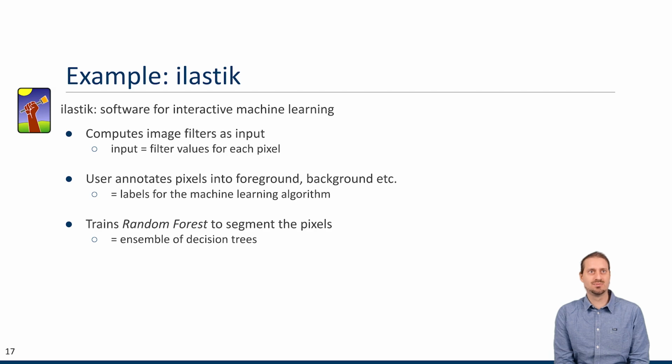So let's make this more concrete and give the example of a software that can do this for us, which is Elastic, a software tool for interactive machine learning, and in particular also for these segmentation tasks. The way this is done is that Elastic, in the first step, computes these image filters that we use as input for the machine learning algorithms. It then uses user annotations for the pixels as training data, and then trains a random forest model to solve the segmentation task.